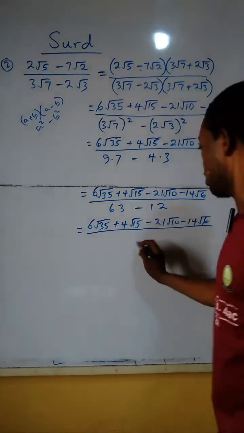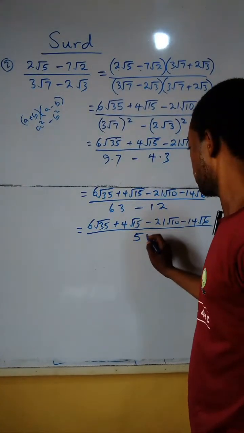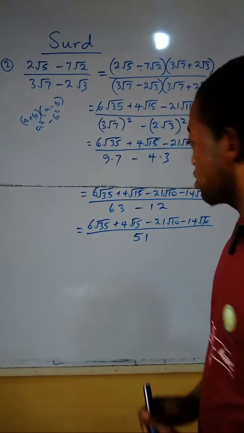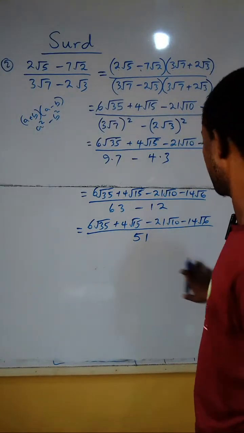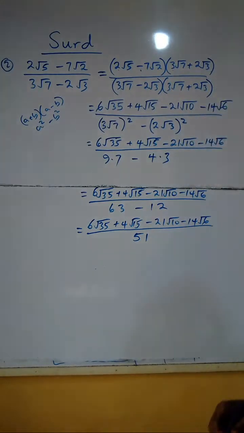So 63 minus 12, we have 51 here. Okay, that is, here, this is going to be our final answer from here.